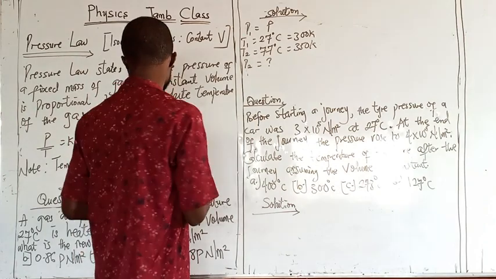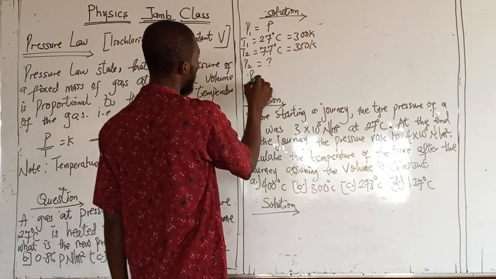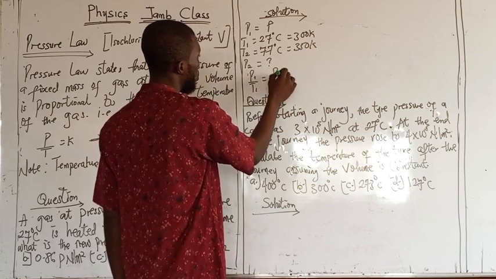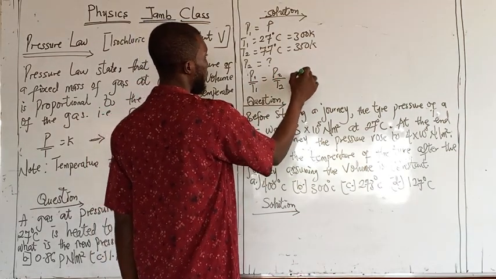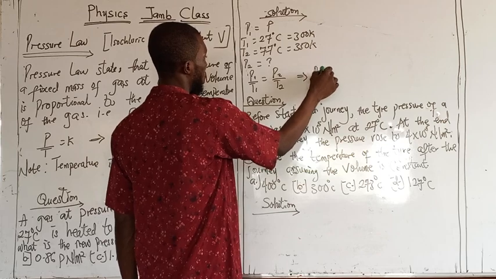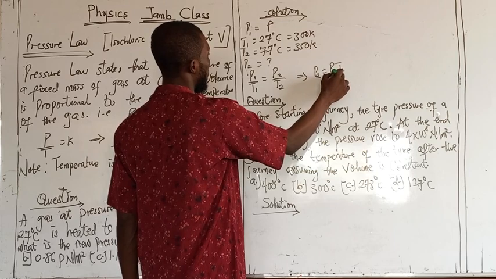So from this statement here, from the pressure law, P1 over T1 equal to P2 over T2 simply means that our P2 will be equal to P1 T2 over T1.